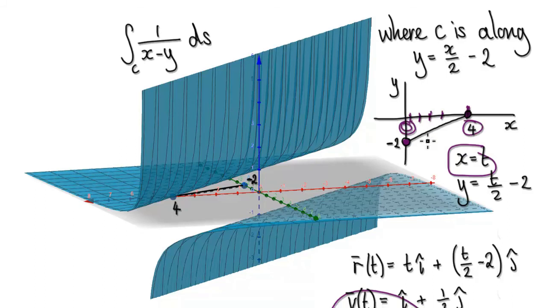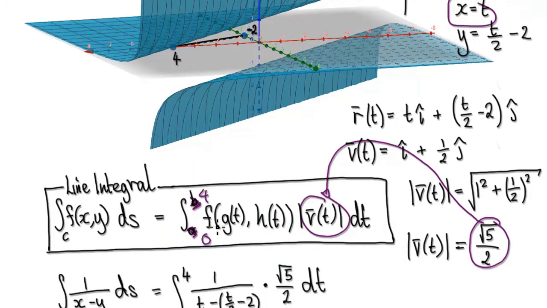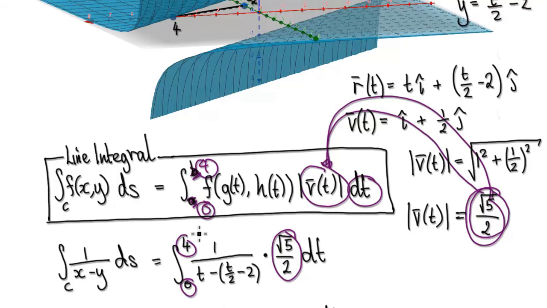So our integral is from 0 to 4. Our speed is given by this. In terms of time, we are moving from time 0 to time 4.